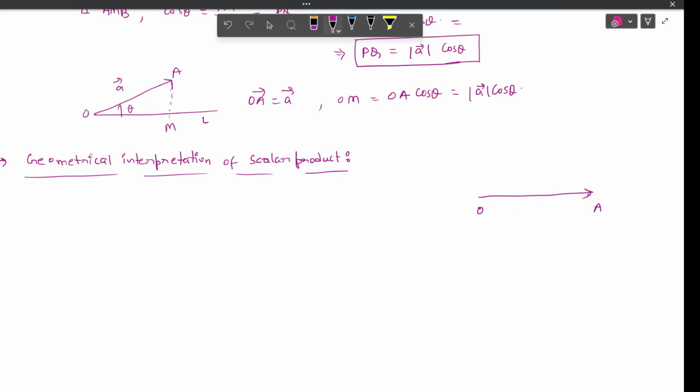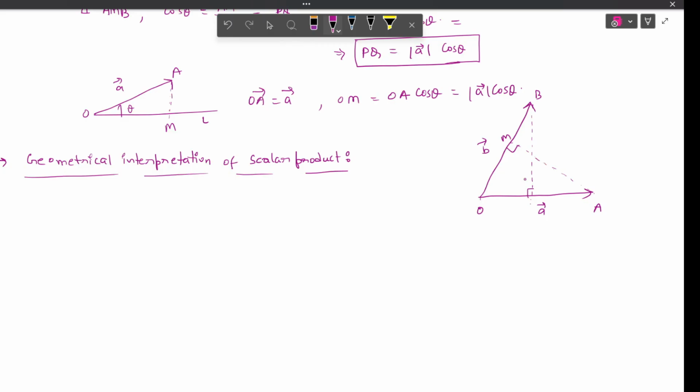This is your A vector, this is your B vector, this is OB, this B vector, and draw a perpendicular line from A on B vector. Let's say this is point M, this is your B vector, this is your A vector.